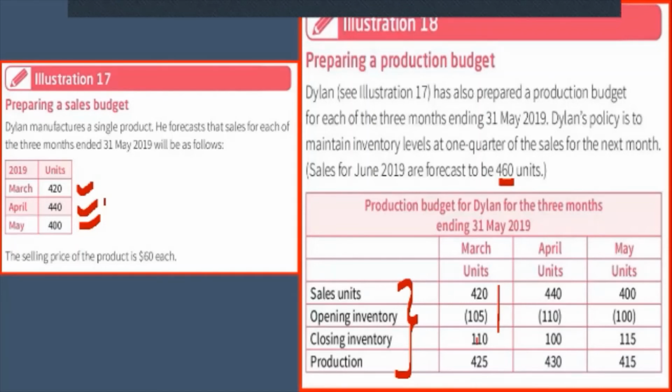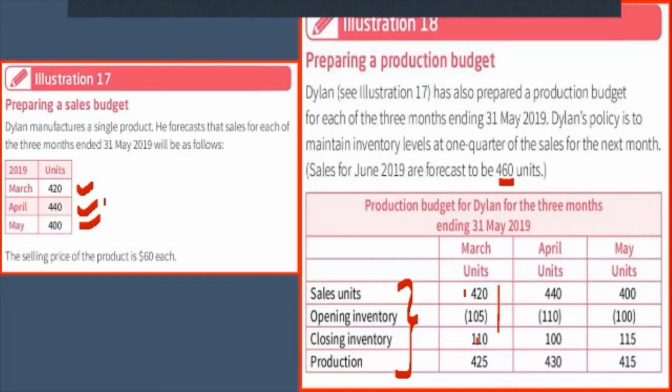The closing inventory becomes the opening inventory of the next month. 105 should be the quarter of this 420 here, right? And the 110 would be a quarter of the next month, so it's a quarter of the 440 here. When we add this and we minus this, we will get the 425 that we need to produce.